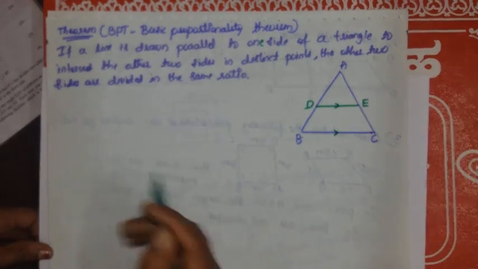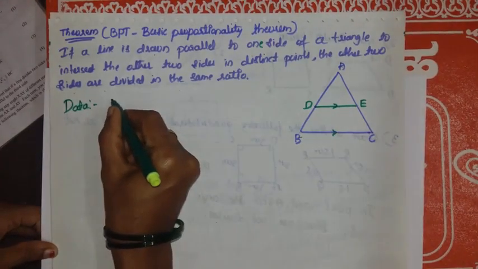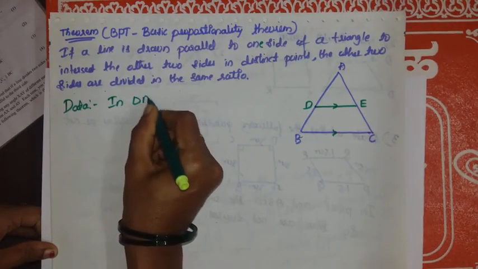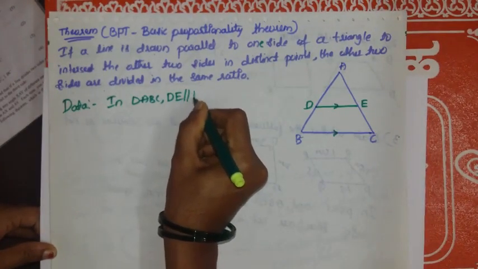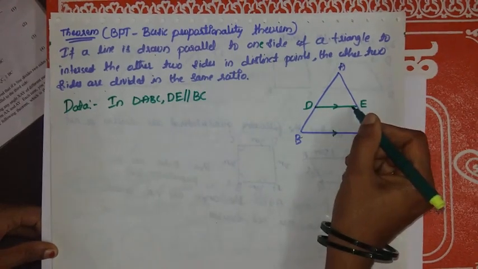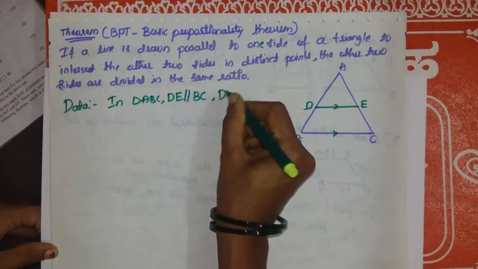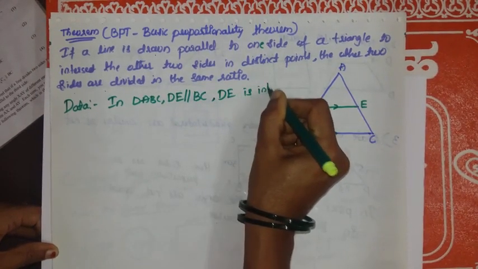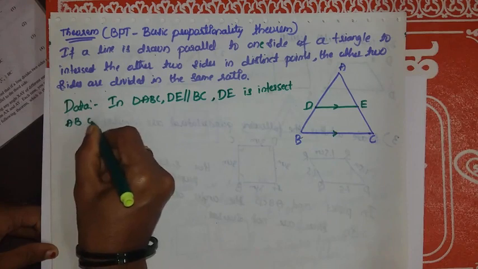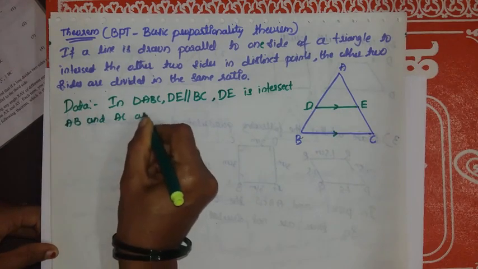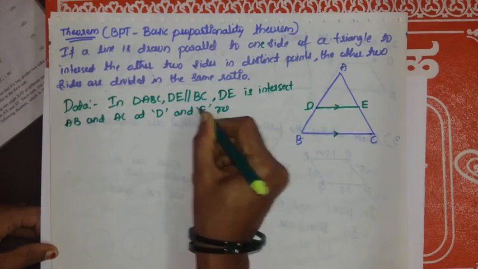So let's first write down the data. In triangle ABC, DE is parallel to BC. DE intersects AB and AC at D and E respectively.